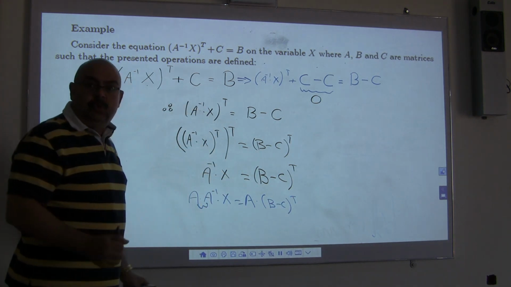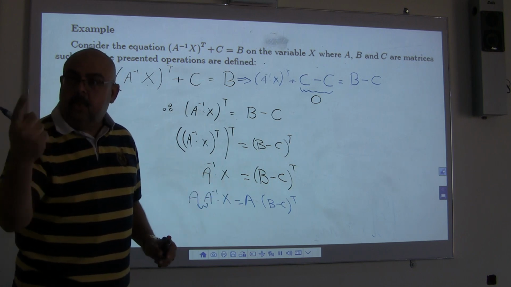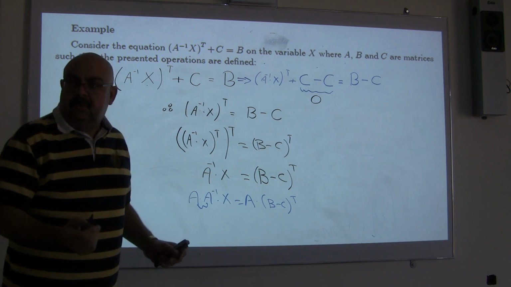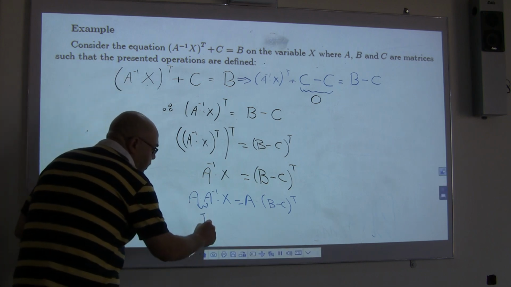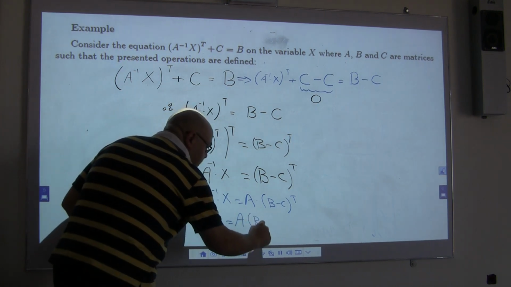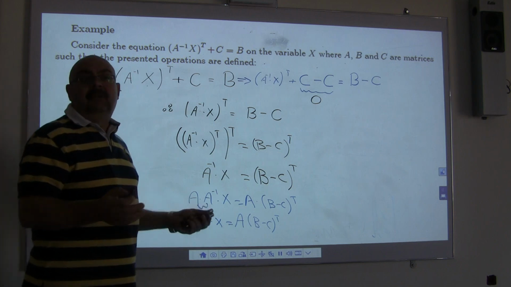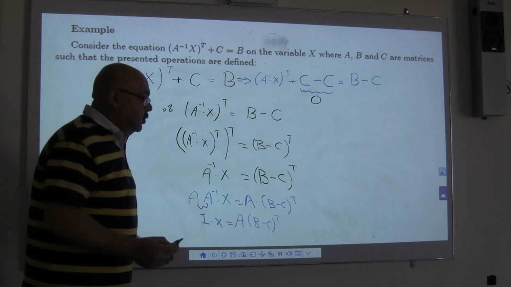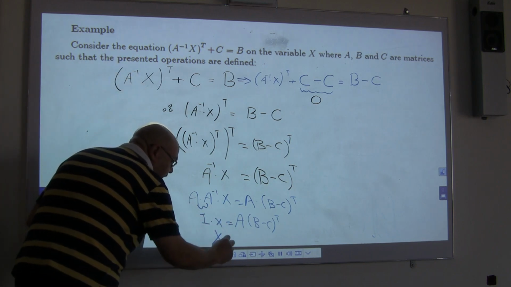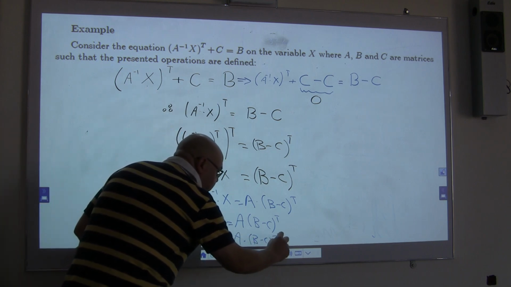Once you multiply these two matrices together, they become 1. What's the value of 1 between matrices? It's I, so I times x equals A times (b minus c) transpose. I is like multiplying anything by 1. So x equals A times (b minus c) to the power of transpose.